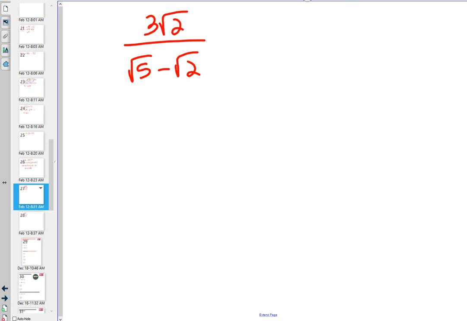No, if it was the other way around, if this was on top and the other was on the bottom, then you could distribute it, but you can't distribute it that way now.